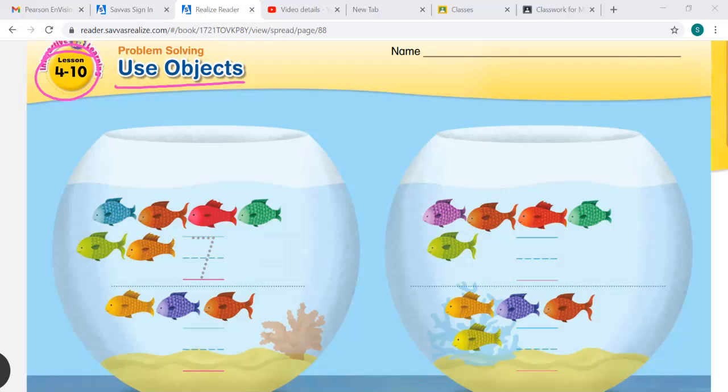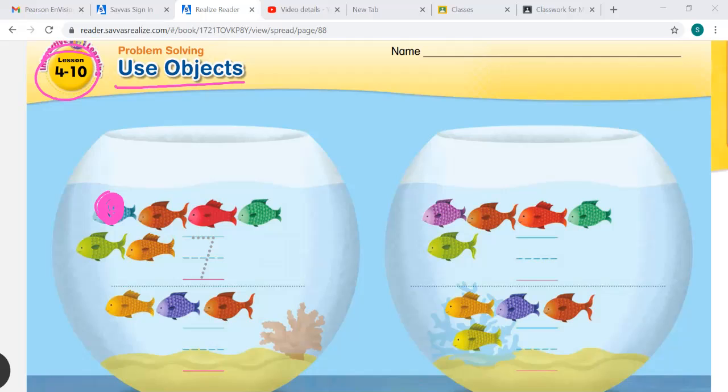I'm going to draw a counter right here. That is 1 fish. So how can we count the rest of the fish? We are going to put counters on each fish and count.